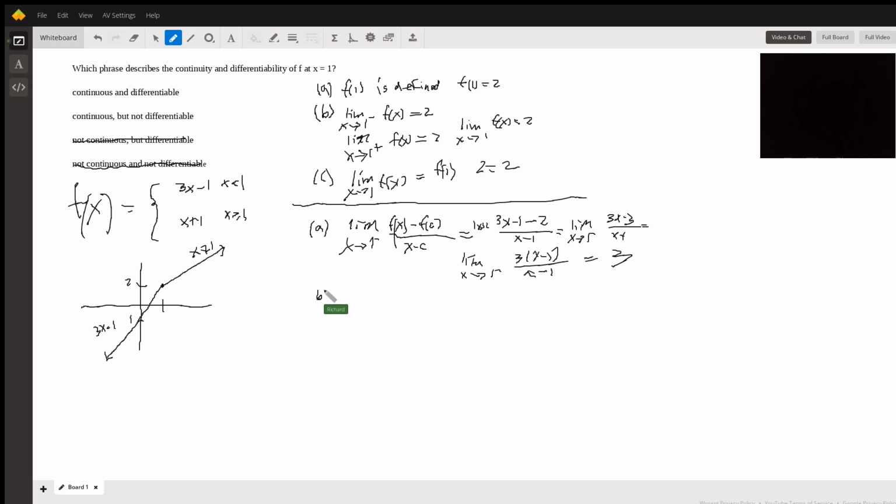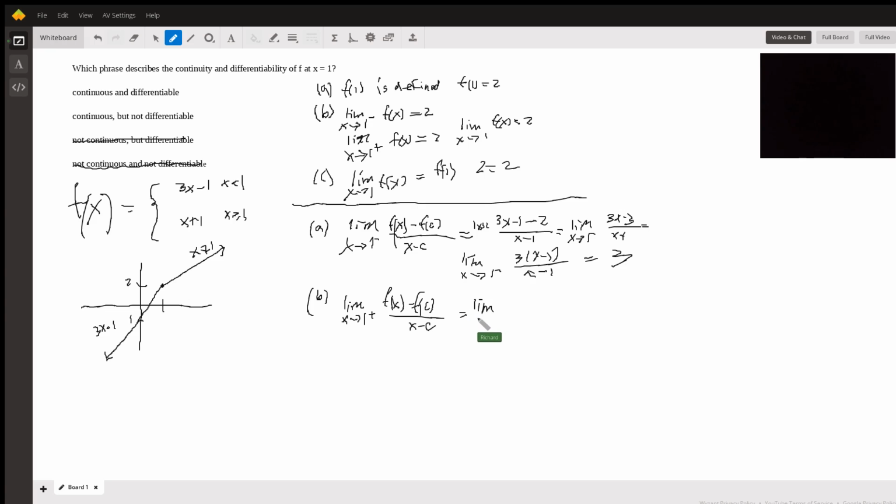Now let's do the right-hand limit. You could think of it as the right-hand derivative, because this difference quotient is the way we find derivatives, as I'm sure you know by now. So let's see about the other side. As x approaches 1 from the right, f of x minus f of c over x minus c. In this case c is 1, but let's keep going.